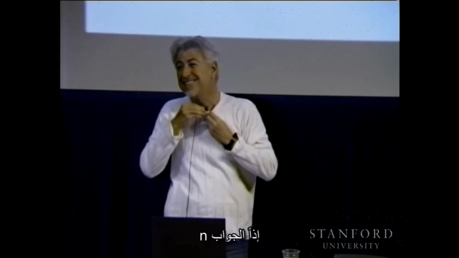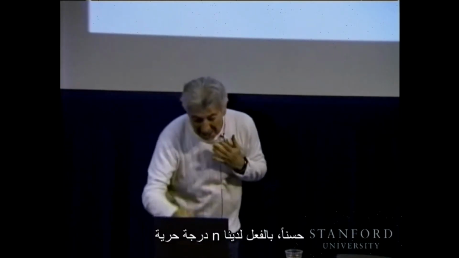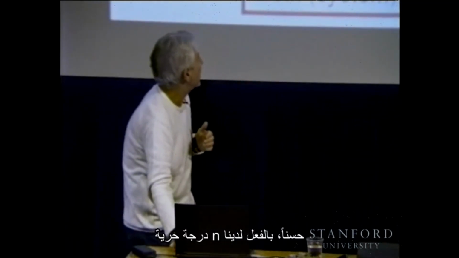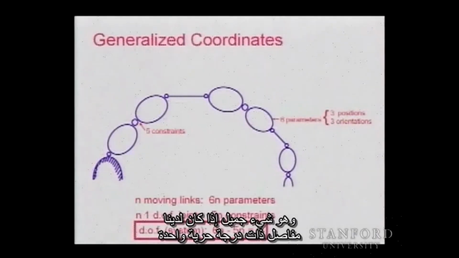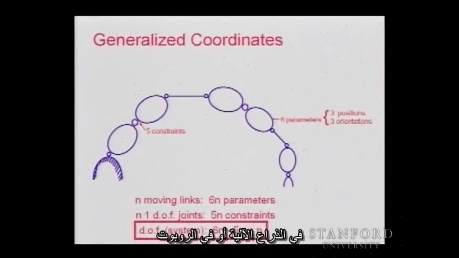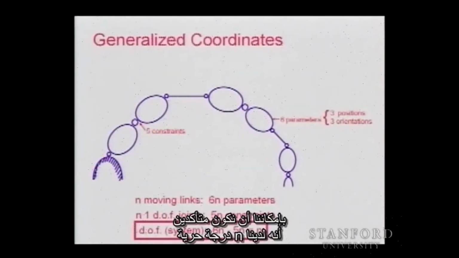So 6n minus 5n, the answer is n. Okay. So indeed, we have just n degrees of freedom, which is really nice. If we have 1 degree of freedom joints in a manipulator, in a robot, we can be sure that we are going to have n degrees of freedom, the number of joints.